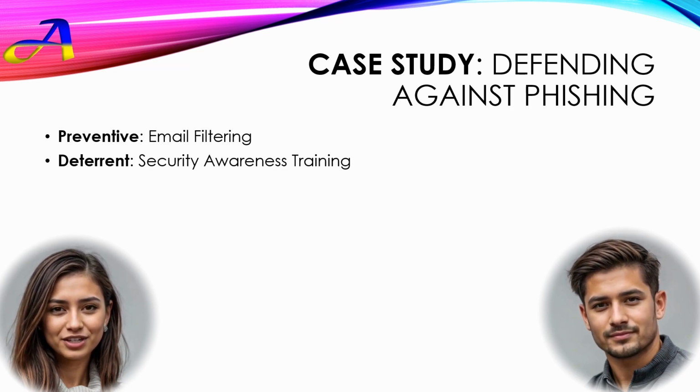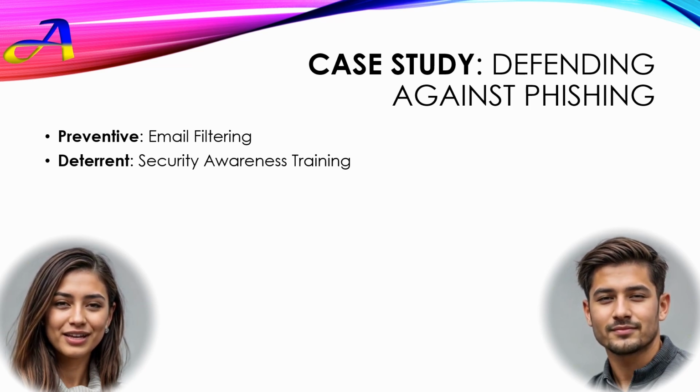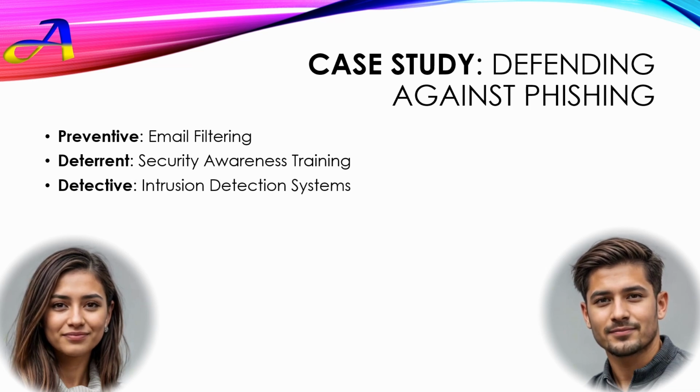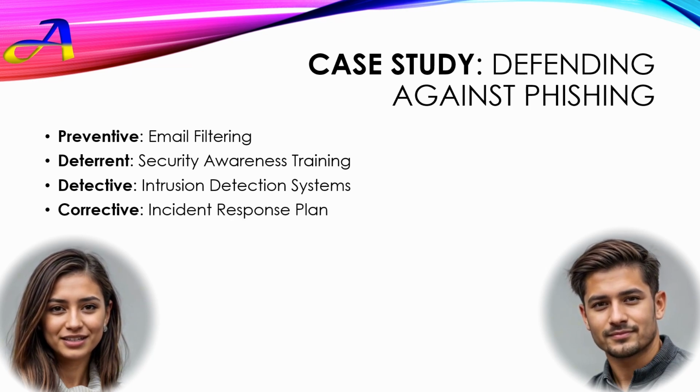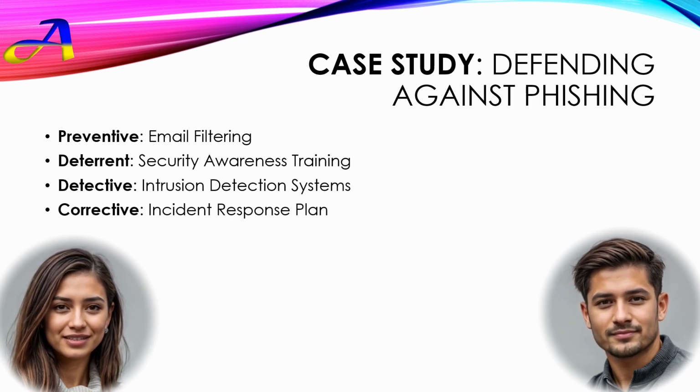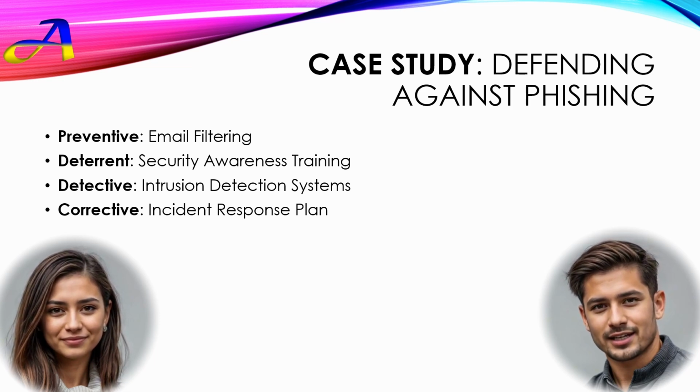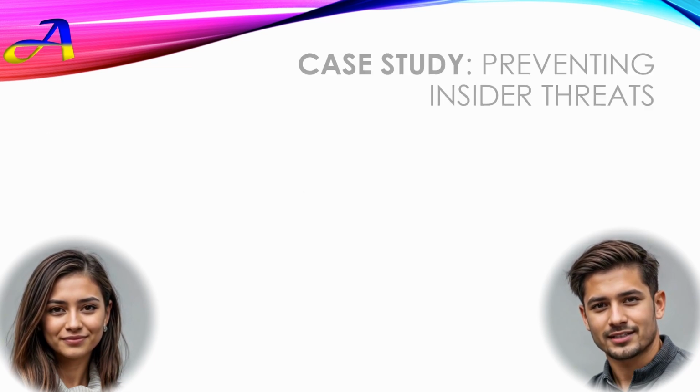And if a phishing attack does get through, we can use detective controls, like intrusion detection systems, to try to identify any unusual activity. And then corrective controls, like incident response procedures, to help us contain the damage and recover. So it's a multi-layered approach. It is, yeah.